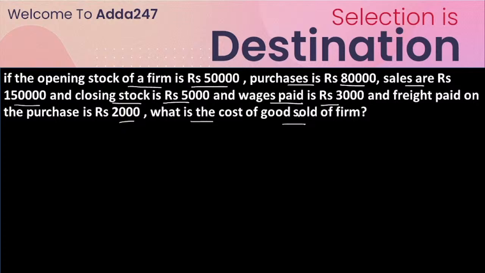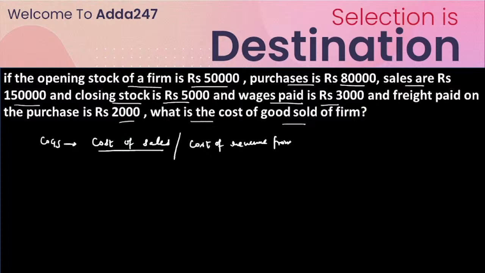So look, for solving this type of question, first understand cost of goods sold. Cost of goods sold actually refers to cost of sales, or say cost of revenue from operations.